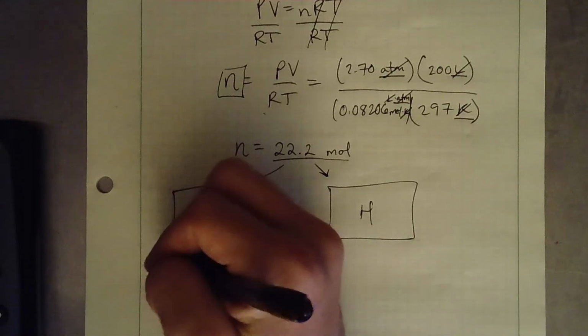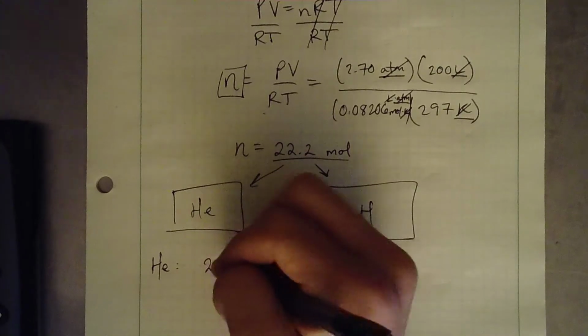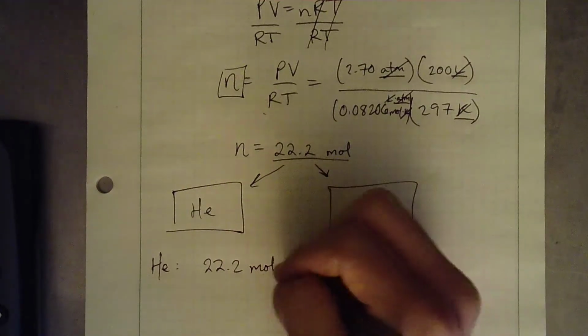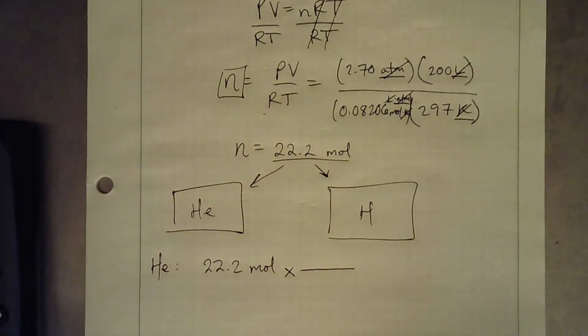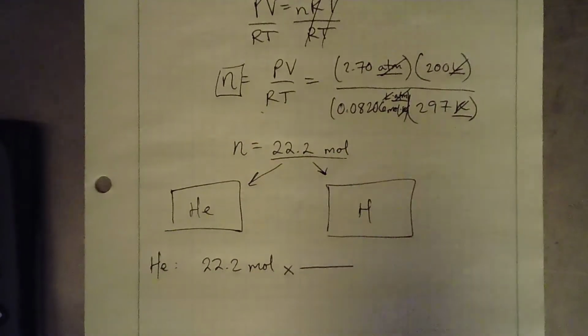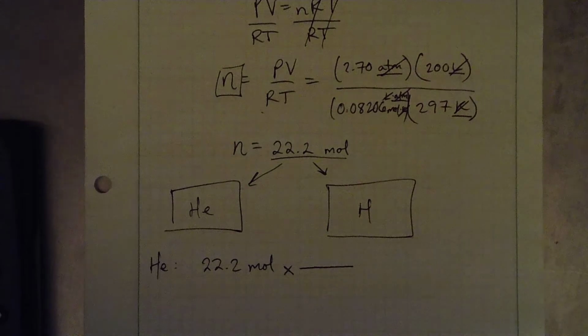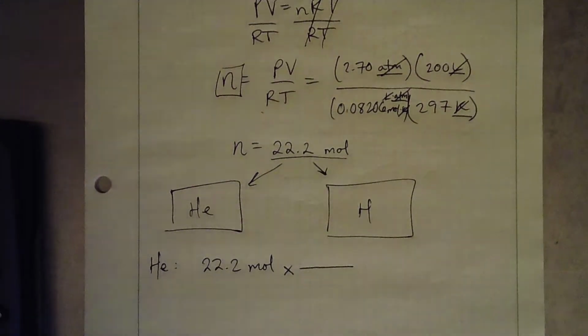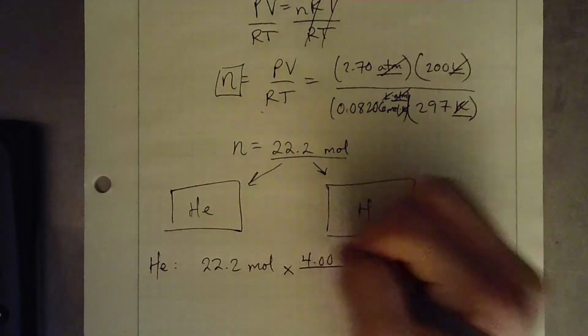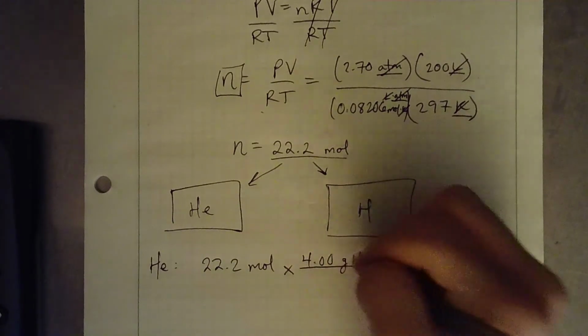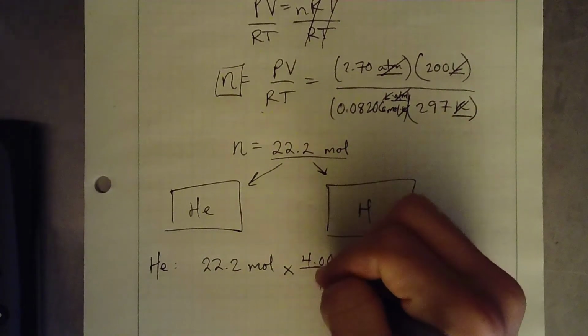For the helium tank, I have 22.2 moles. To figure out how much mass of helium I'm going to need, I need to multiply by the molar mass of helium, which is, I believe, 4.003, or maybe just 4.00, depending on the periodic table. 4.00 looks like. 4.00 grams of helium per 1 mole of helium.